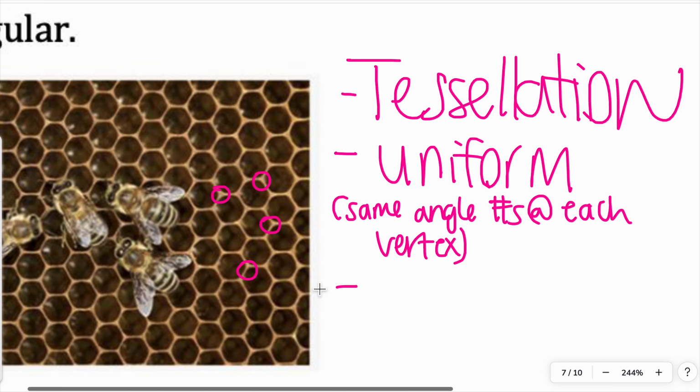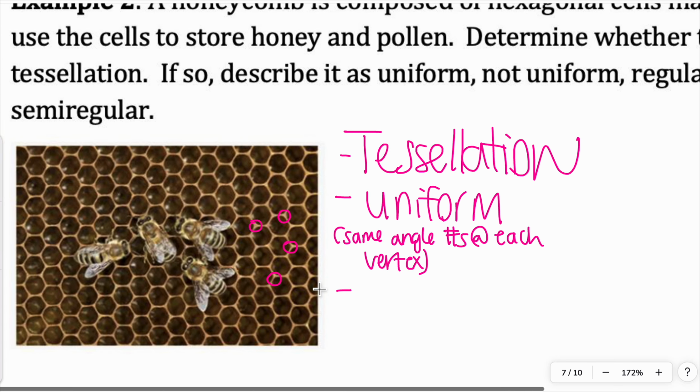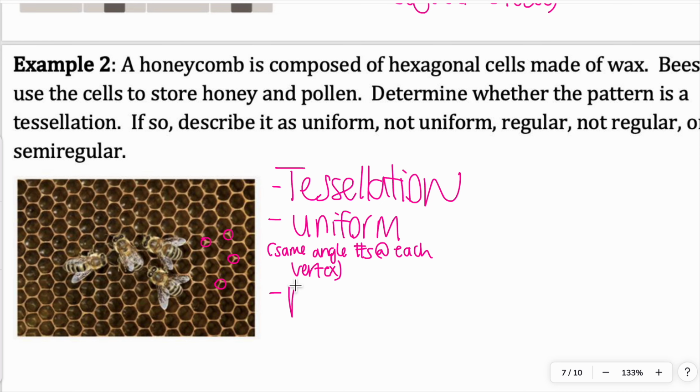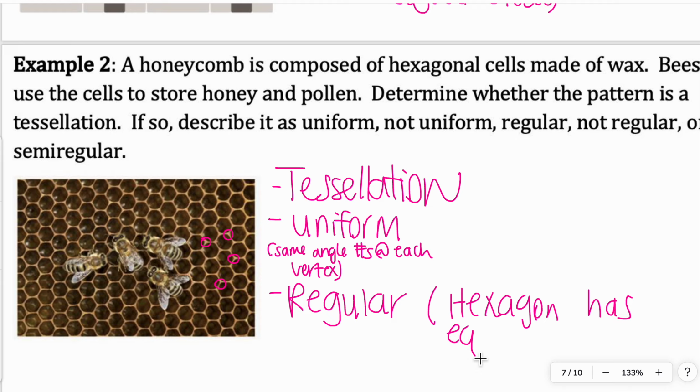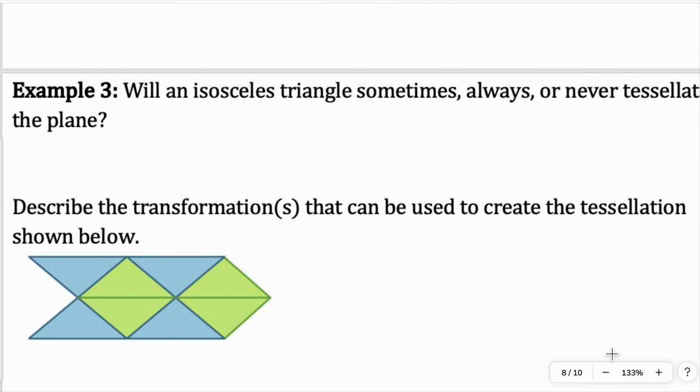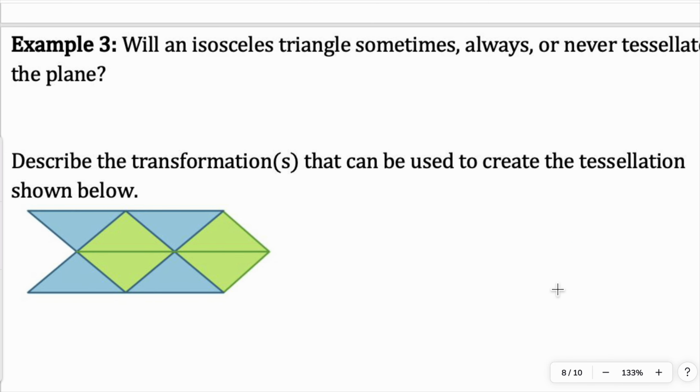And then the other question was regular, and this one is considered regular because the hexagon has equal sides shown.